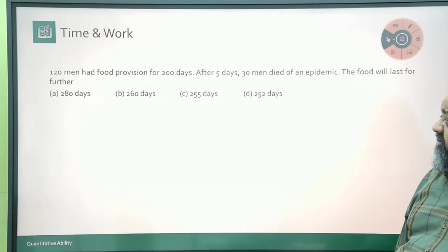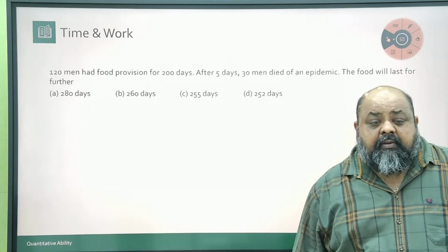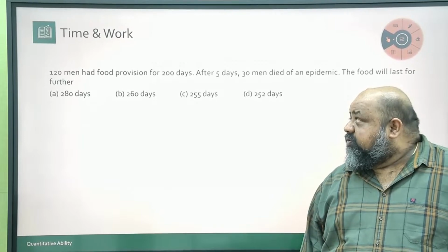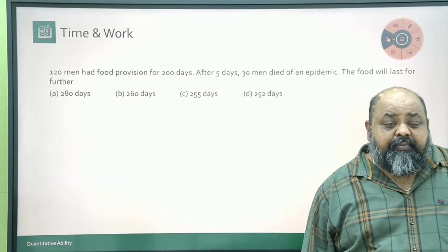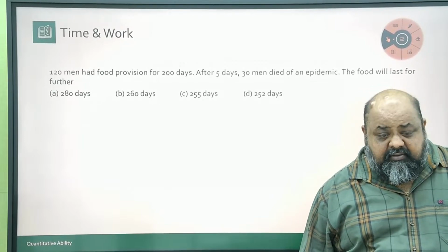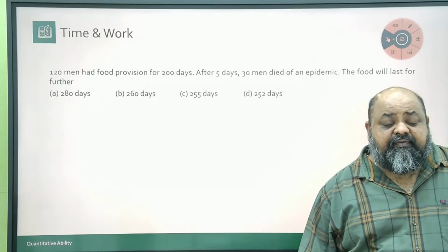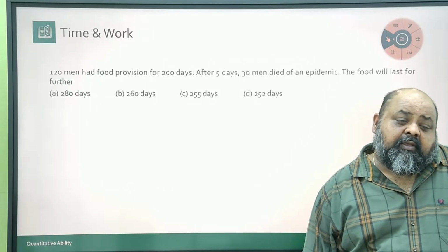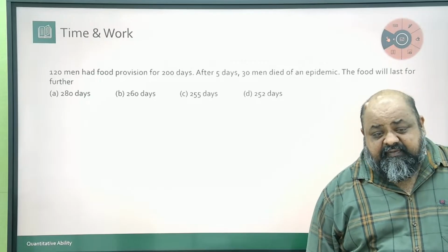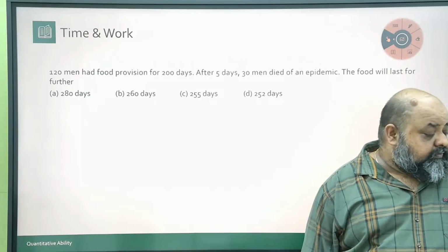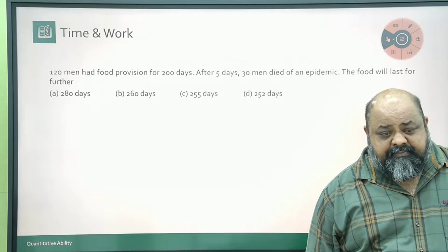The food will last for further how many days? Because initially there was food for 200 days, but at one point a few men were removed from the group. The food will now last for a longer amount of time. So what is that duration is to be found out. Take a couple of minutes and try to answer.